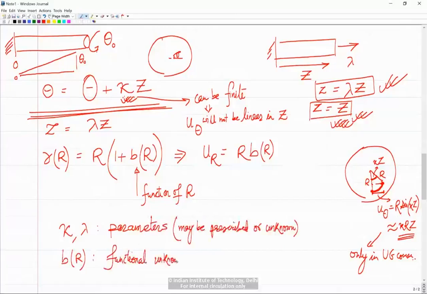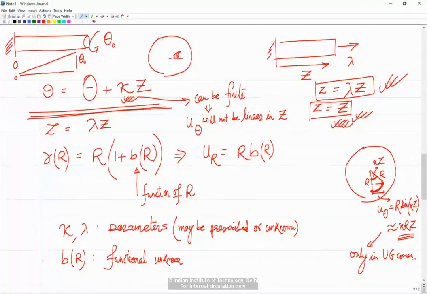So for any functional unknown, you need differential equation. And for simple unknowns, you just need some algebraic equation. That need not be a field equation. For functional unknown, you need field equation. You know, some equation which holds in a range, in the range in which this B is present.